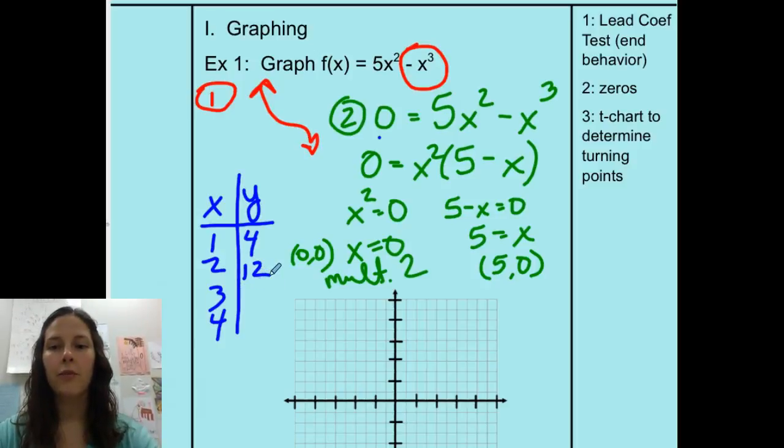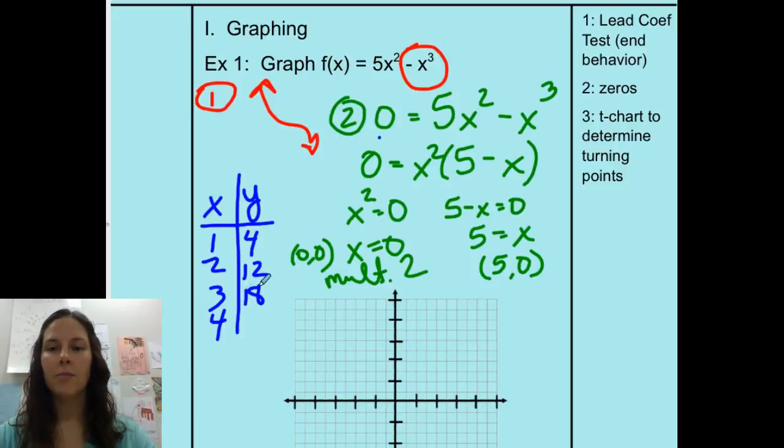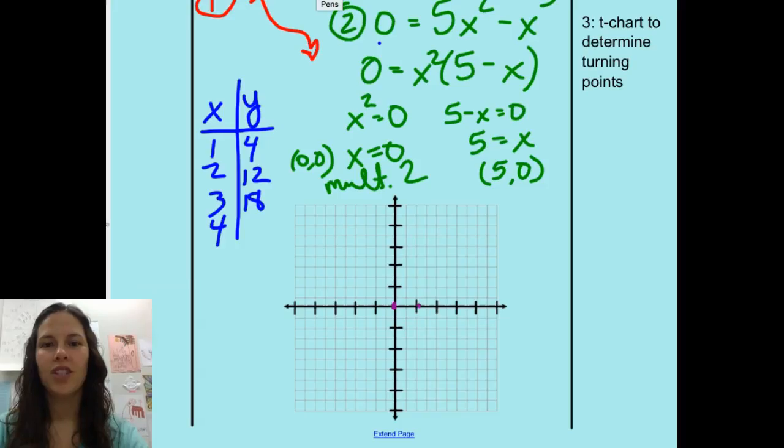Subbing in 3, we have 45 minus 27, which is 18. And subbing in 4, we have 80 minus 64, which is 16. Notice we found a turning point at 3, 18. The graph will rise from 0, 0 up to 3, 18, and then it turns to go back down to 5, 0. In order to fit this on my graph, I'm going to scale each of these by 4.